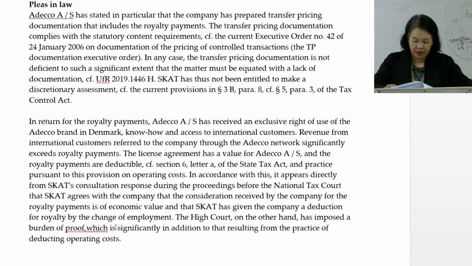The Scott agrees with the company that the consideration received by the company for the royalty payments is of economic value and that the Scott has given the company a reduction for royalty by the chains of employment. The High Court, on the other hand, has imposed a burden of proof, which is significantly in addition to that resulting from the practice of deducting operating cost. No?